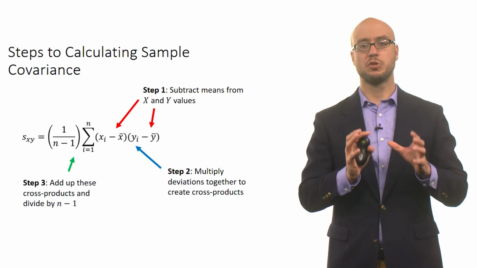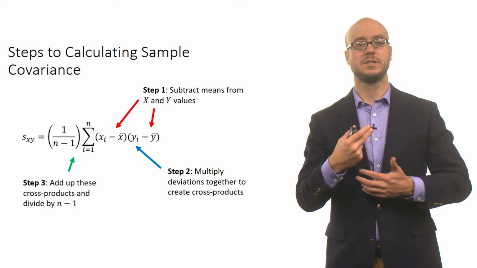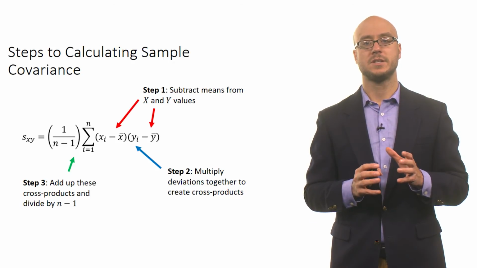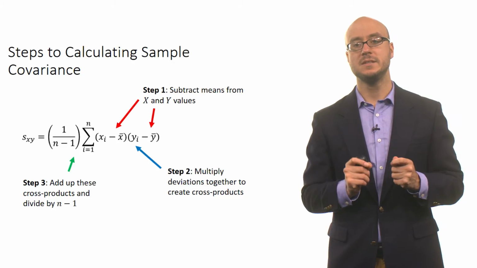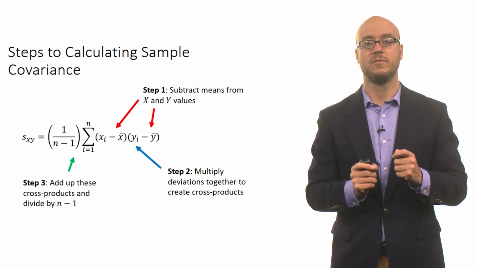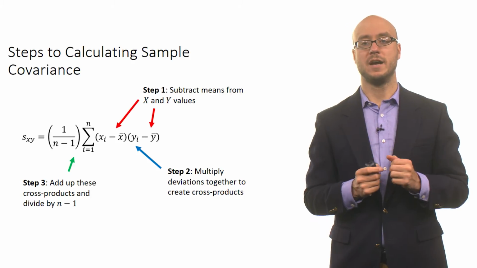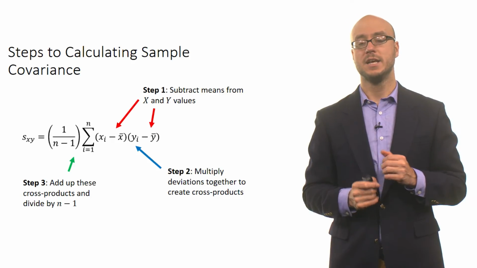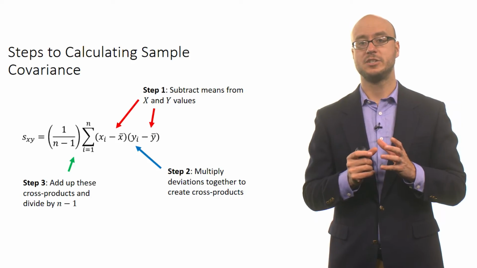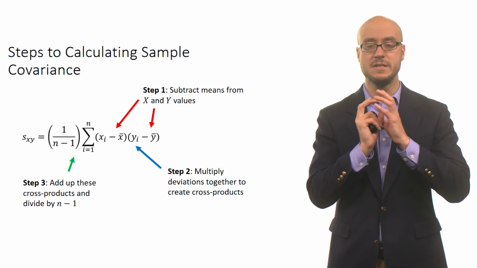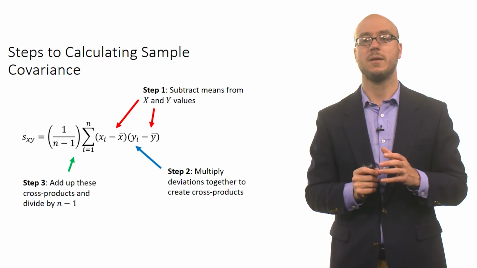So let's go through a sample calculation so you can really see what's going on. The first step is you want to subtract the means from each of your x and y values. You want to demean each of your x and y values for each row of your data set. To put it another way, you're changing your x and y variables into distances or deviations from the mean.